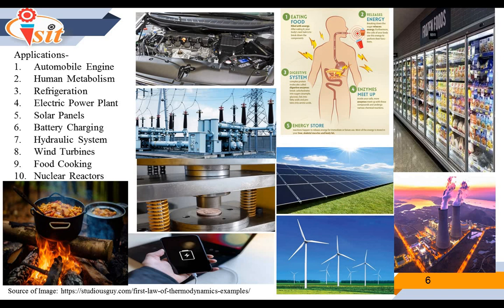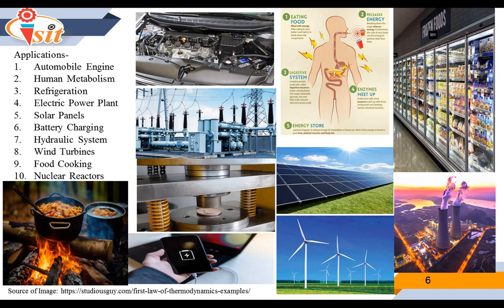The next example is refrigeration. Refrigeration is a practical application of the first law of thermodynamics, showcasing how energy can be effectively transferred from one location to another to achieve a specific goal.